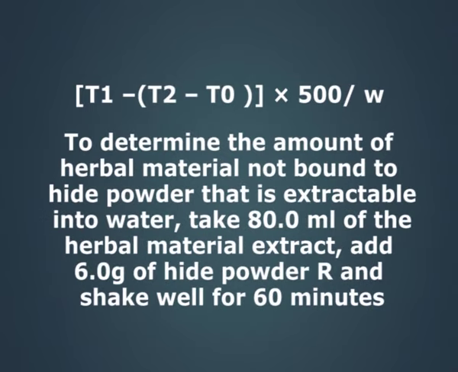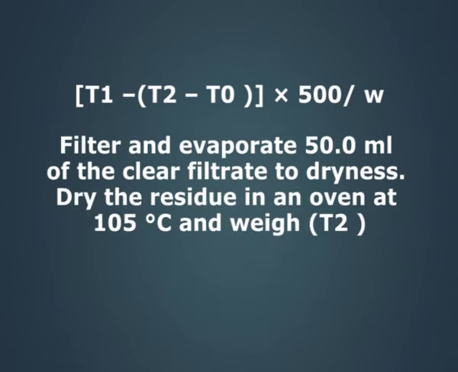To determine the amount of herbal material not bound to hide powder that is extractable into water, take 80 ml of the herbal material extract, add 6 gram of hide powder R and shake well for 60 minutes. Filter and evaporate 50 ml of the clear filtrate to dryness. Dry the residue in an oven at 105 degrees centigrade and weigh T2.